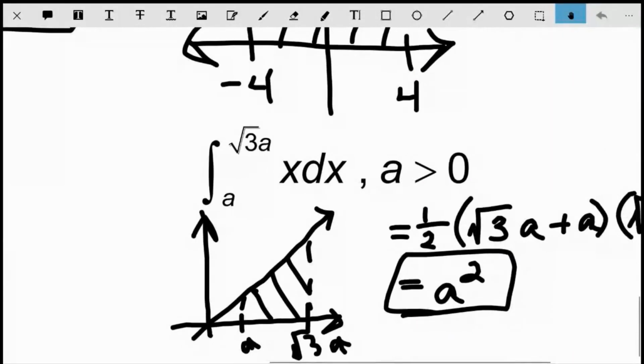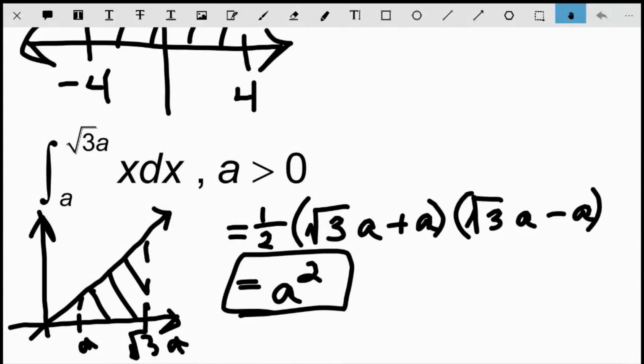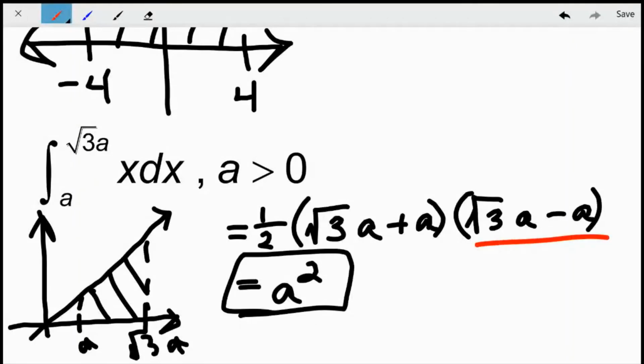And then this last one, although it looks really messy, it's actually really simple when you think about it geometrically. We're going from a to square root of 3 times a. And I've got y equals x as my function. So the base of that triangle is square root of 3 times a minus a.